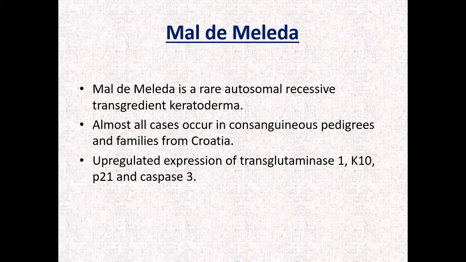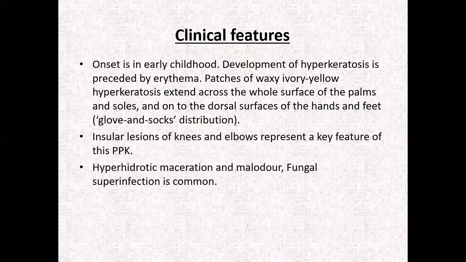Then multimellida. Multimellida is a rare autosomal recessive transgradient keratoderma. Almost all cases occur in consanguineous pedigrees from families in Croatia. The problem is in transglutaminase 1 and keratin 10 genes. Onset of multimellida is in early childhood, with development of hyperkeratosis, which is preceded by erythema.